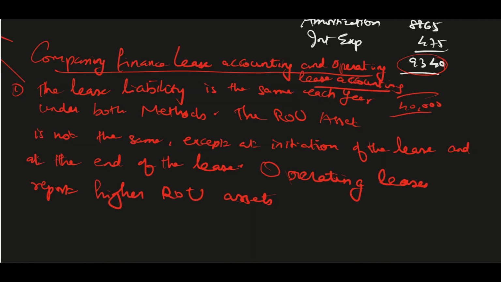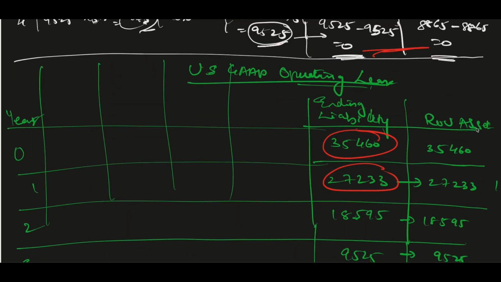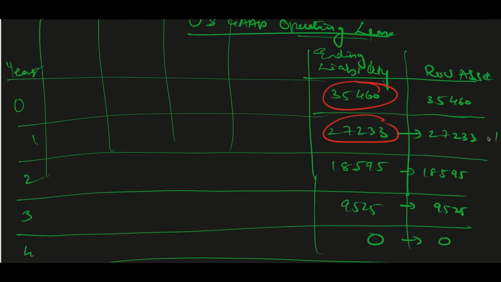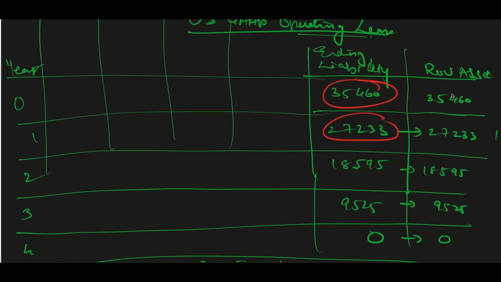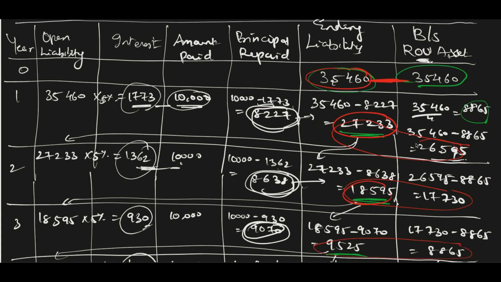Okay, so operating lease reports higher right of use assets means, you see here, this is operating lease, right? So for operating, the asset here, 27,233, is higher than 26,595.